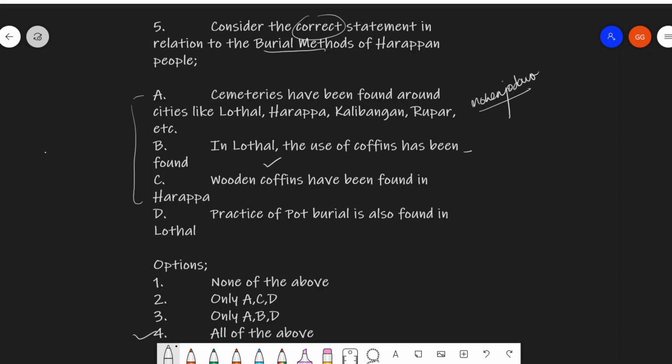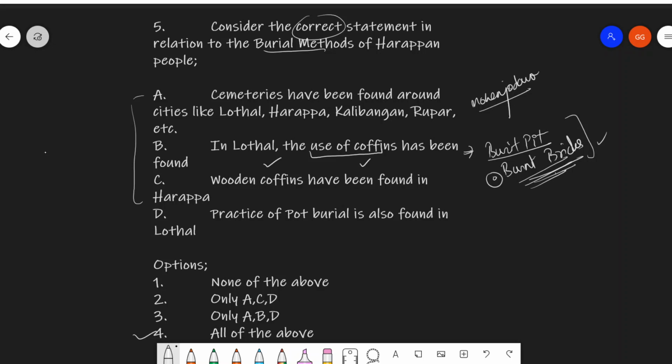This is absolutely correct because at Lothal, the burial pit was lined with burnt bricks, and this indicated that there was a use of coffins. So this statement is absolutely correct. You have to understand that burnt bricks were basically used by Harappans. This can also come in the exam.